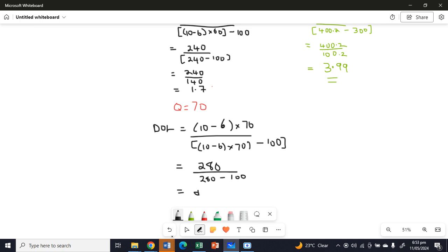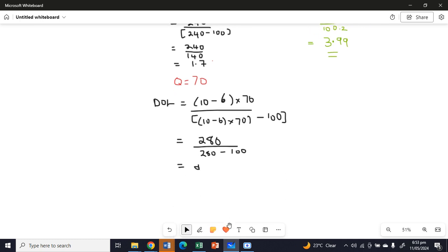280 divided by 180. What is 280 divided by 180? 1.55.